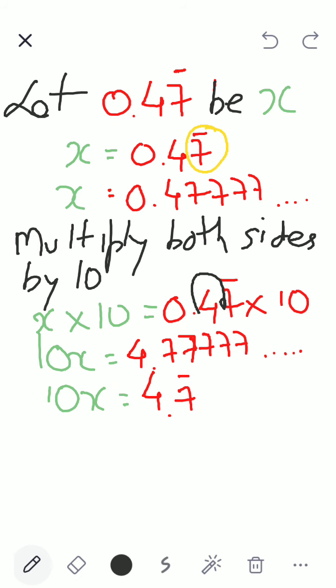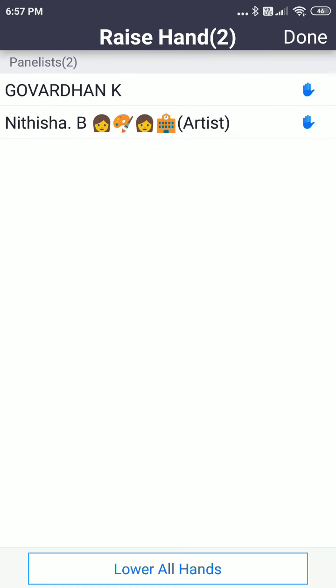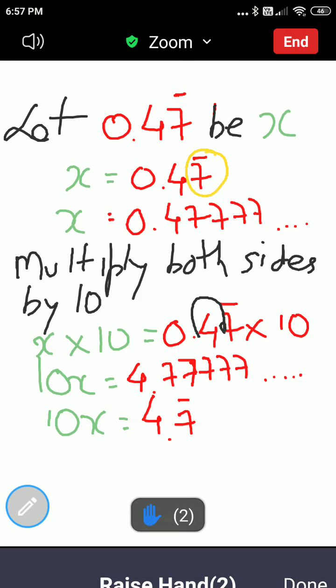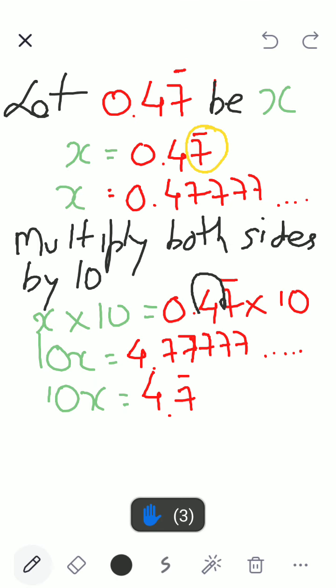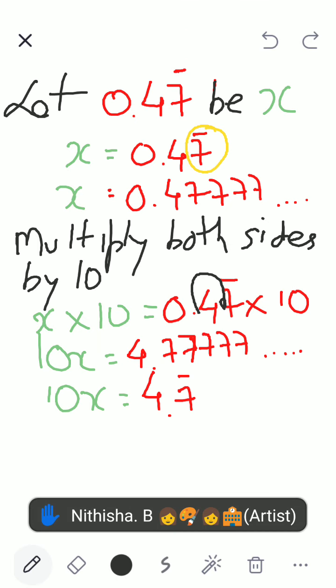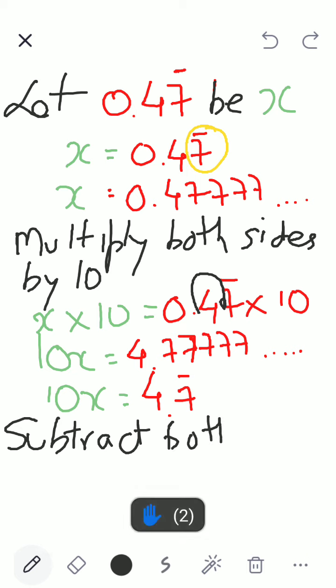See your notes and tell me what is the next thing I have to write. Nitisha, yes, tell me exactly what I'll write. Subtract both sides by x. Correct?